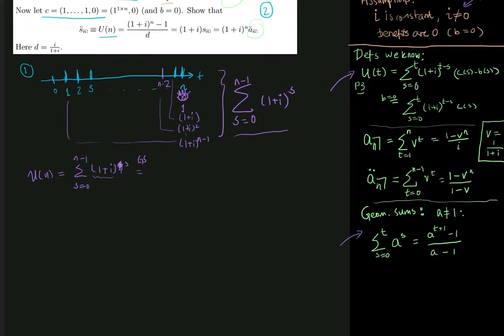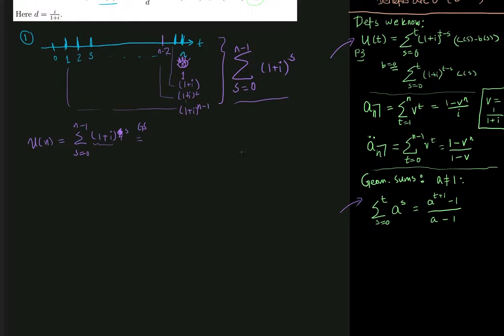So I use the formula for geometric sums, and I reach the conclusion that this evaluates to, if I plug 1 plus i into a's place, and the t up here, in my case, is n minus 1.